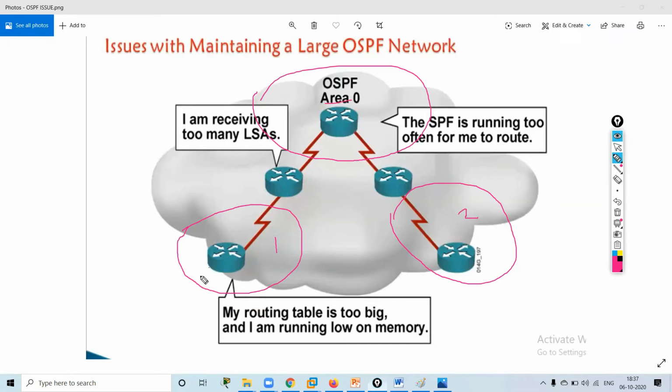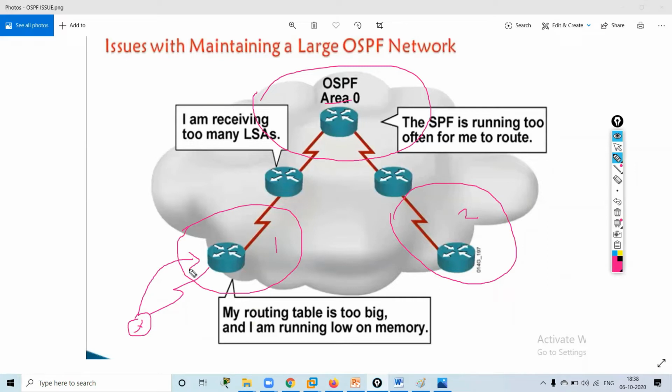If I add a network in area 1, only the routers within that area will get updated, and the SPF algorithm will be running within the area only. Updates will be sent to the routers within the area only. Any changes will impact the routers within the area only.